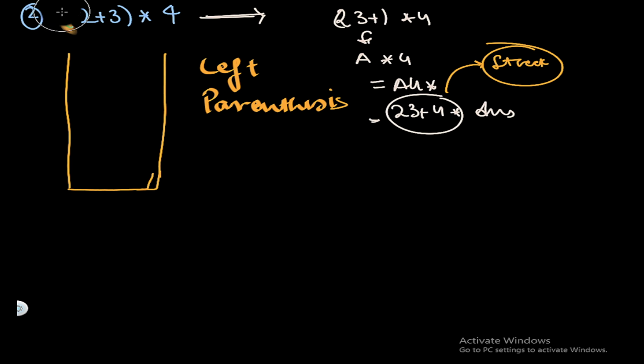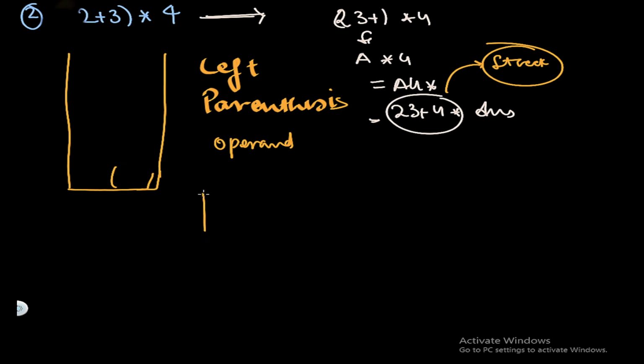Okay, I have scanned this expression. Right now I have 2. I already said that if you see an operand, you just push it into the stack. Sorry, we made a mistake here.